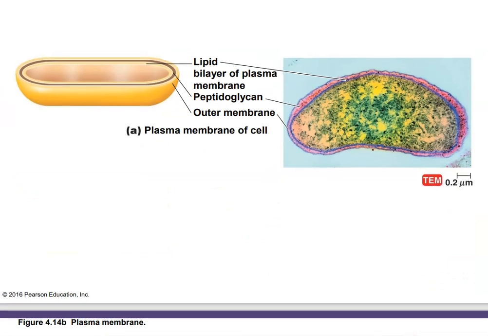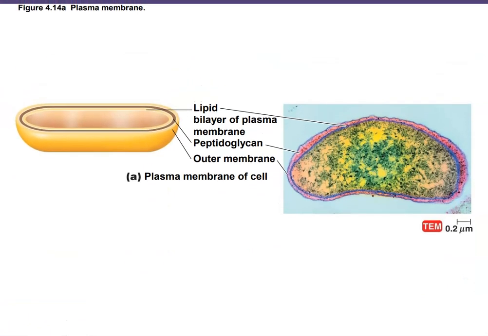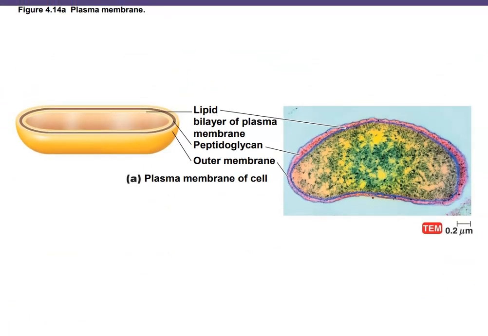After spending lengthy time on the cell wall, we're now focusing on this phospholipid bilayer. As you know, in gram-positive cells we have that one phospholipid bilayer, and in gram-negative cells we have two phospholipid bilayers.